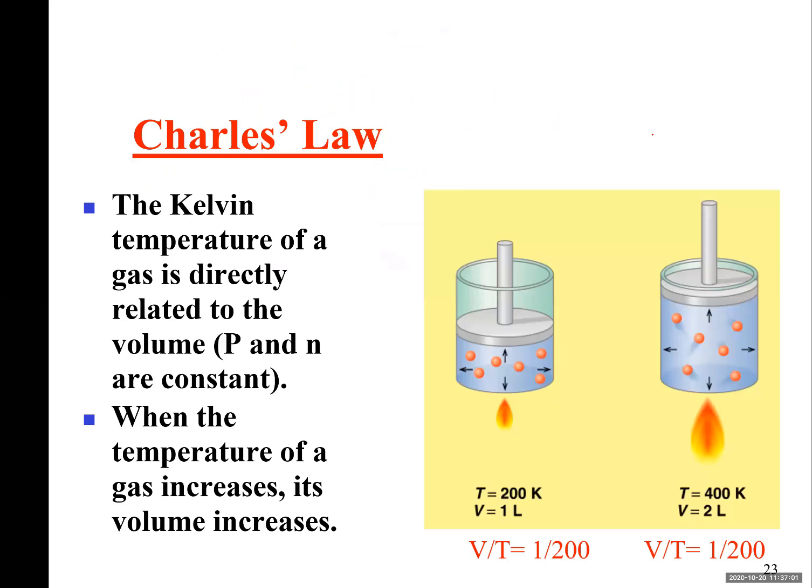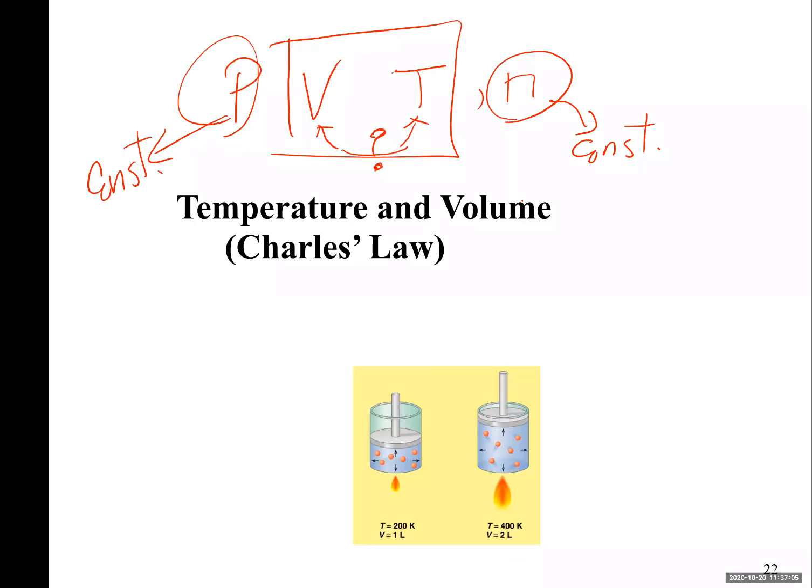So in this experiment, pressure remains P, let's say P1 and P1. Pressure is not changing. Sorry, my slides are jumping again today. And we are not changing the amount of the gas.